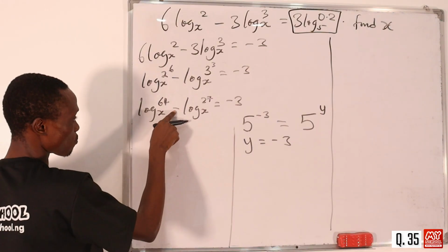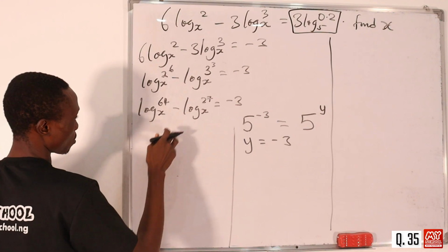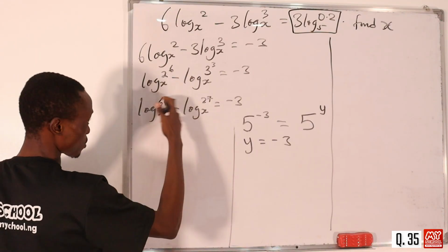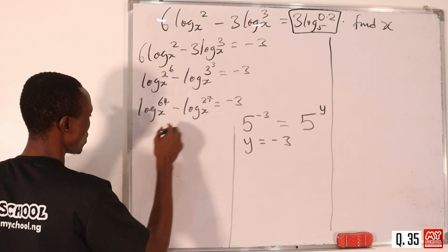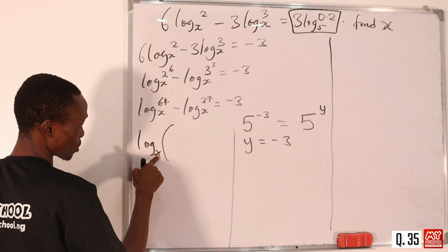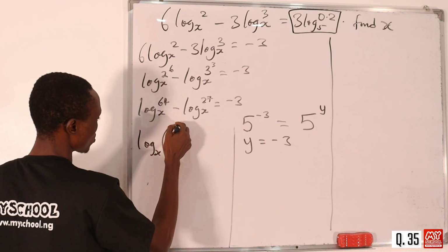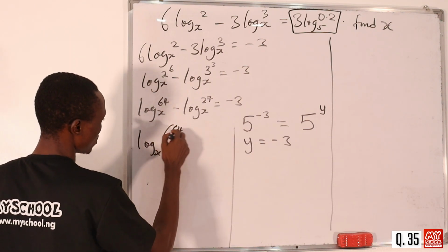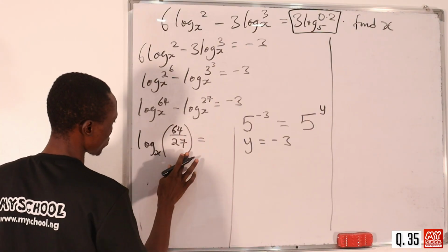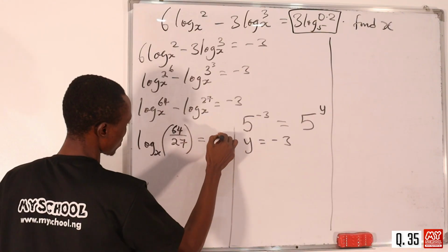When we have minus in between two logarithmic numbers, we simply divide the numbers. So here we can factor out log x, which is the base, then these two numbers we just divide. So here we're having 64 divided by 27, and the whole of this is equals to minus 3.